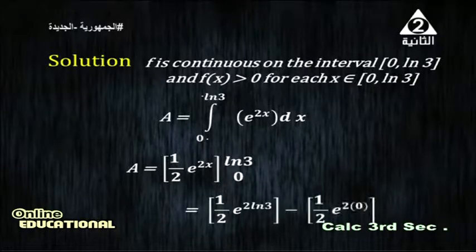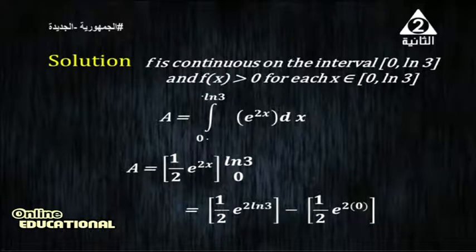Then the area equals, between two brackets, half e to the power 2 ln 3, minus, between two brackets, half e to the power 2 multiplied by 0. Then the definite integral equals half e to the power ln 3, all to the power 2, minus half e to the power 0.